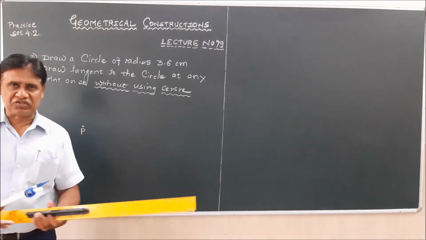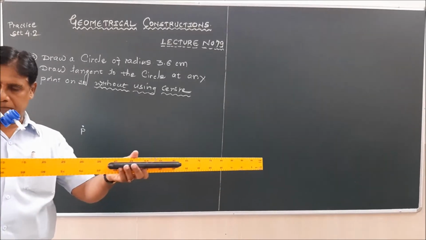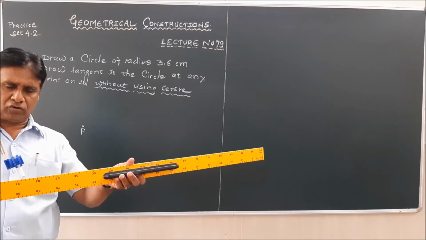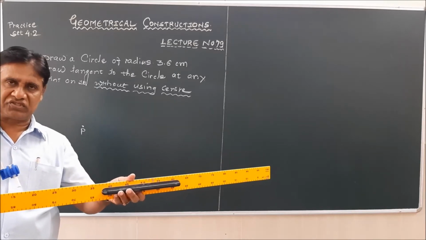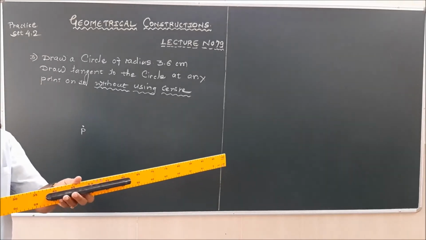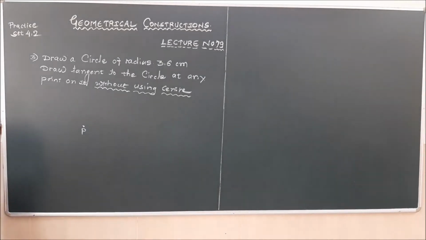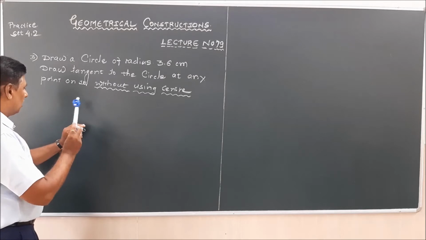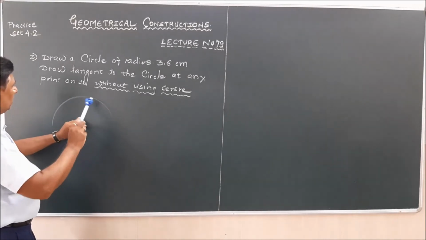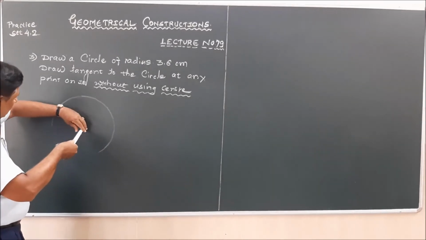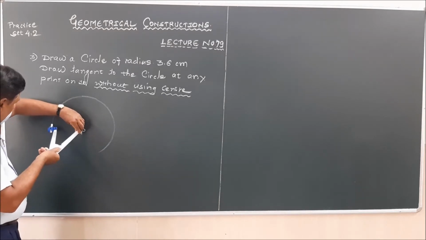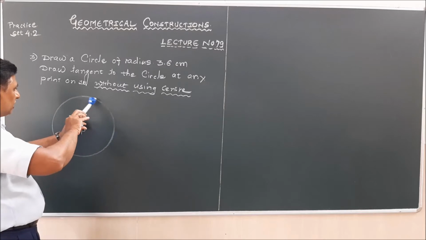Again, I would like to stress the same point: the middle point must be placed at the 0 marking, and from there you have to take a distance of 3.6. Let's draw a circle. Very simple.